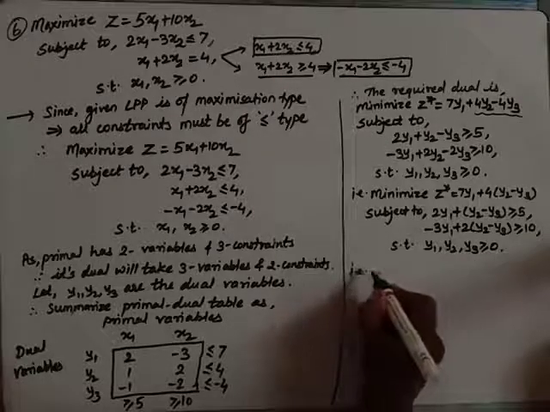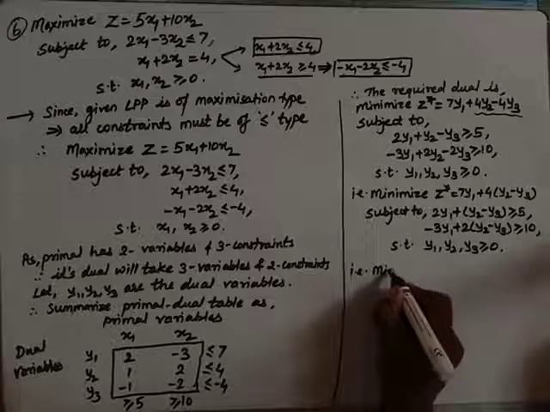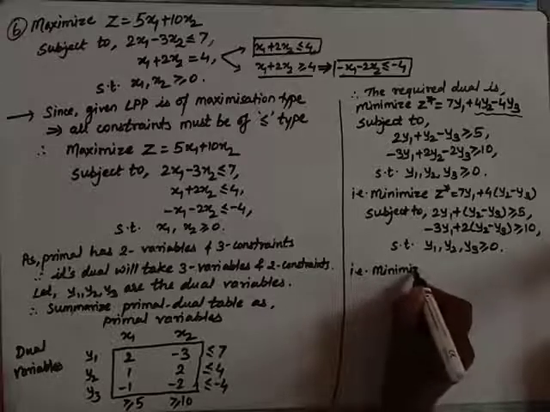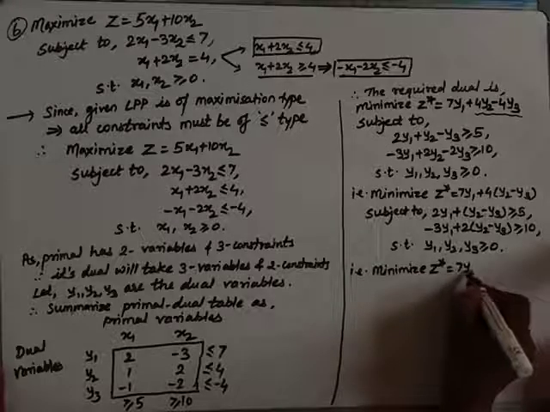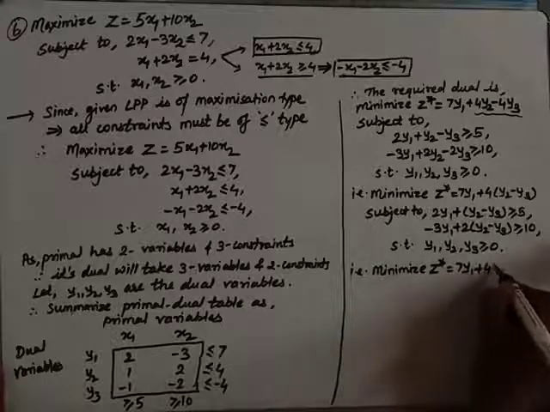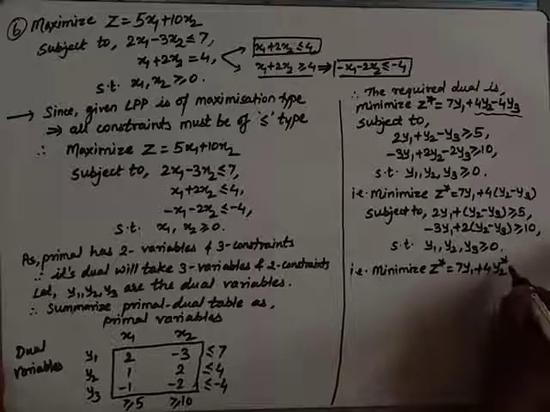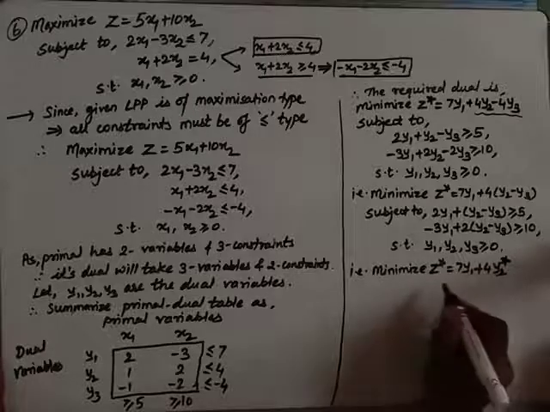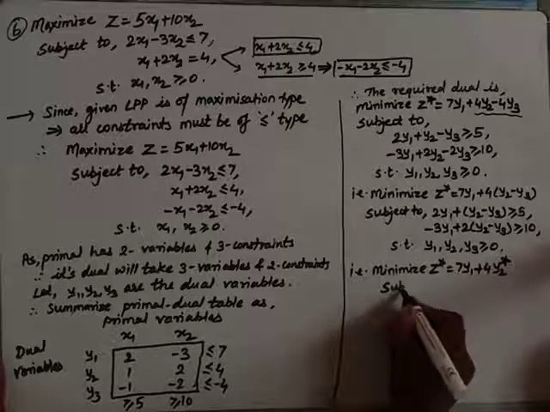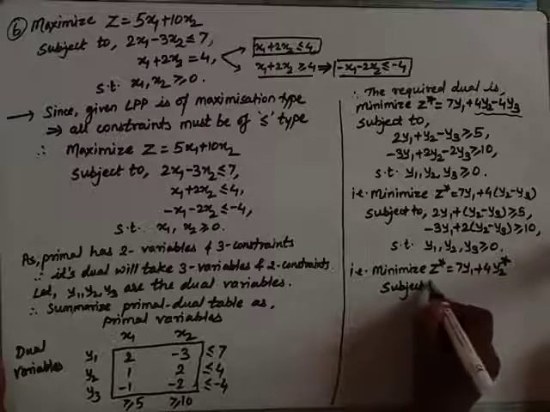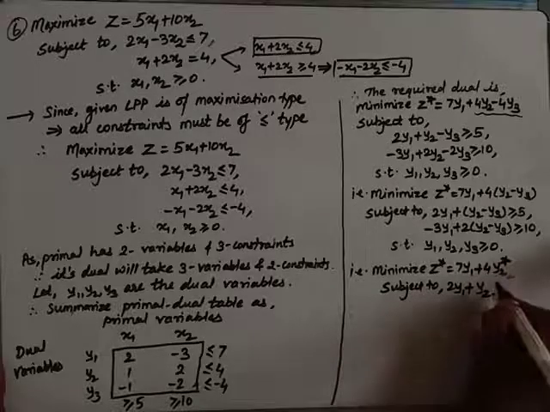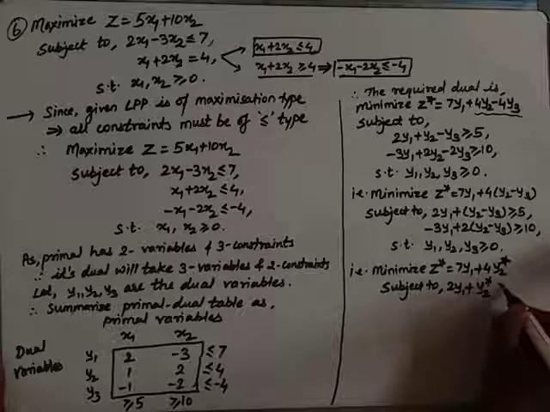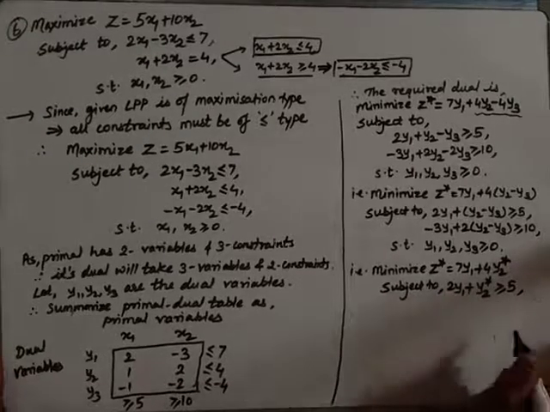That is same as minimize z star equal to 7y1 plus 4 into y2 star. It is unrestricted. Subject to 2y1 plus y2 star greater equal 5.